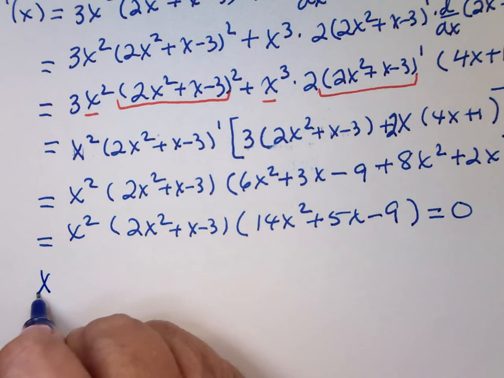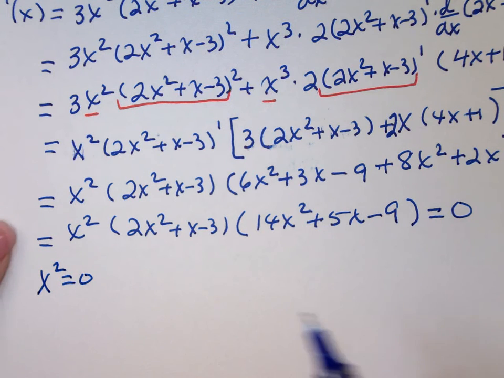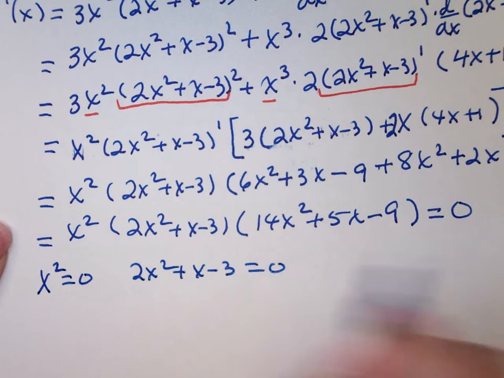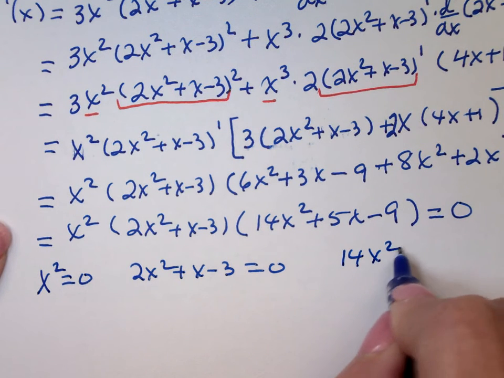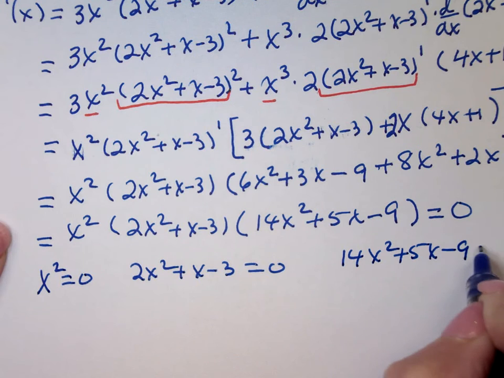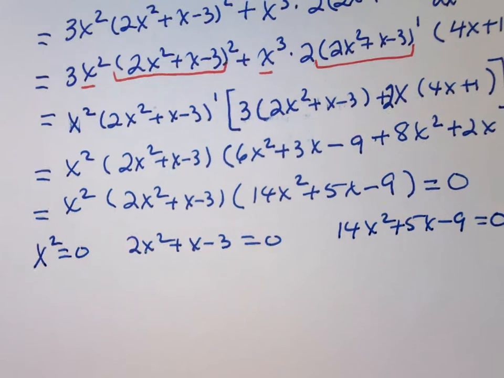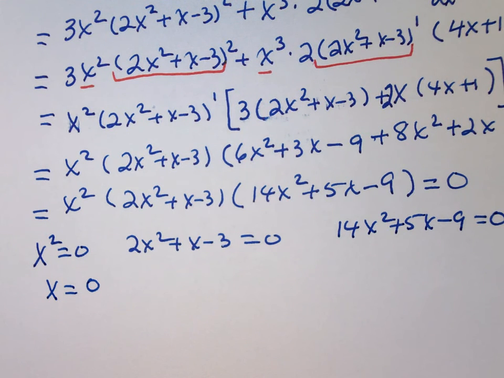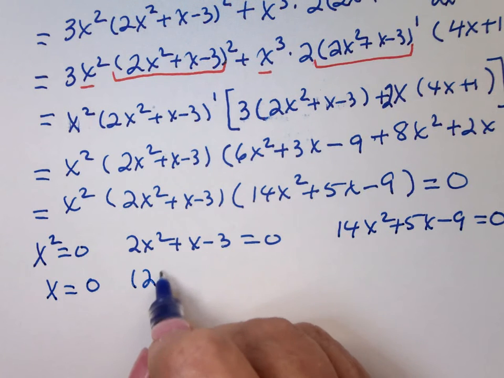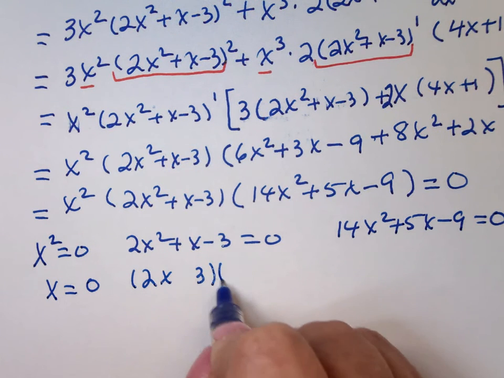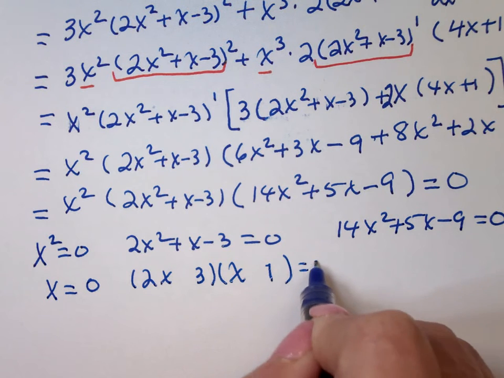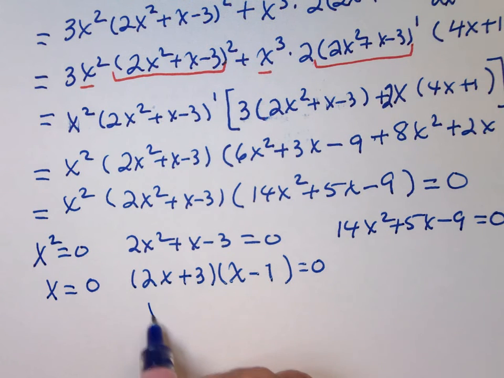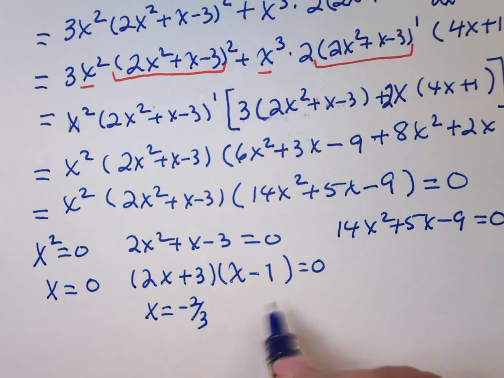This says that x squared equals 0. This says that 2x squared plus x minus 3 equals 0. And 14x squared plus 5x minus 9 equals 0. This is easy enough. That's x equals 0. This factors into 2x and 3, x and 1. And I need a plus x in the middle, so x is negative 2/3, x is 1.